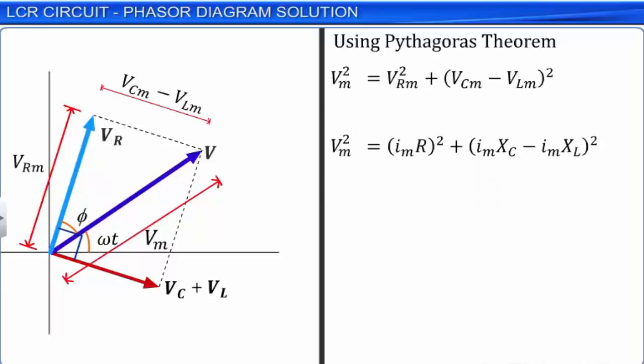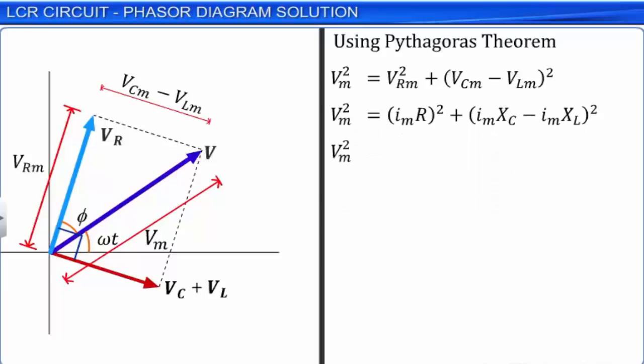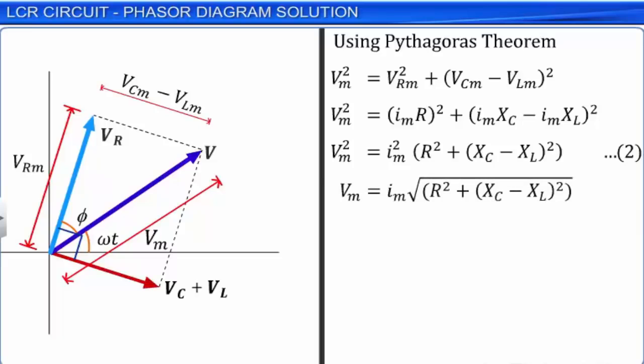Vm square is equal to Im square into R square plus Xc minus XL square. Let this be equation 2. Or we have Vm equal to Im into under root R square plus Xc minus XL square. Now, we have Im equal to Vm by under root R square plus Xc minus XL square, which is equal to Vm by Z. Let this be equation 3.